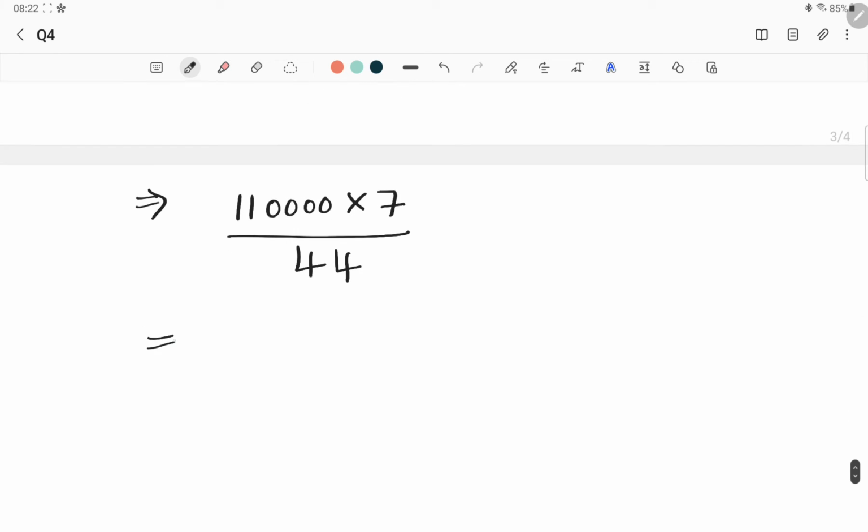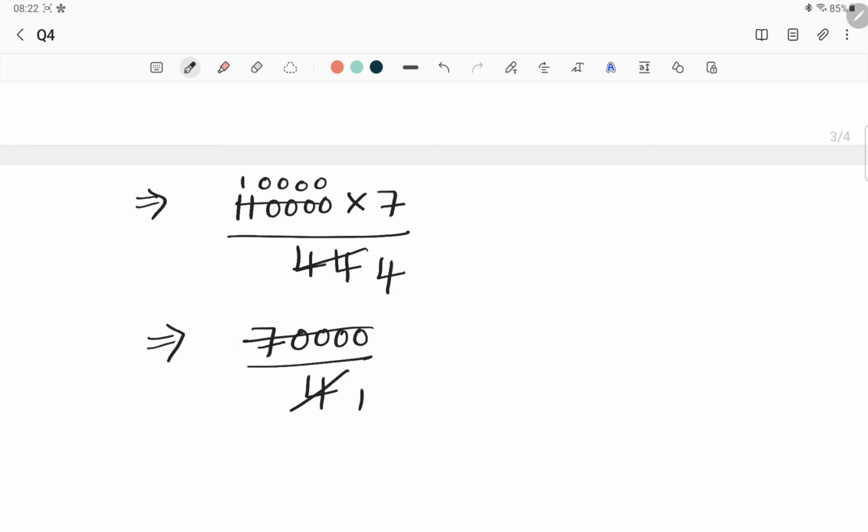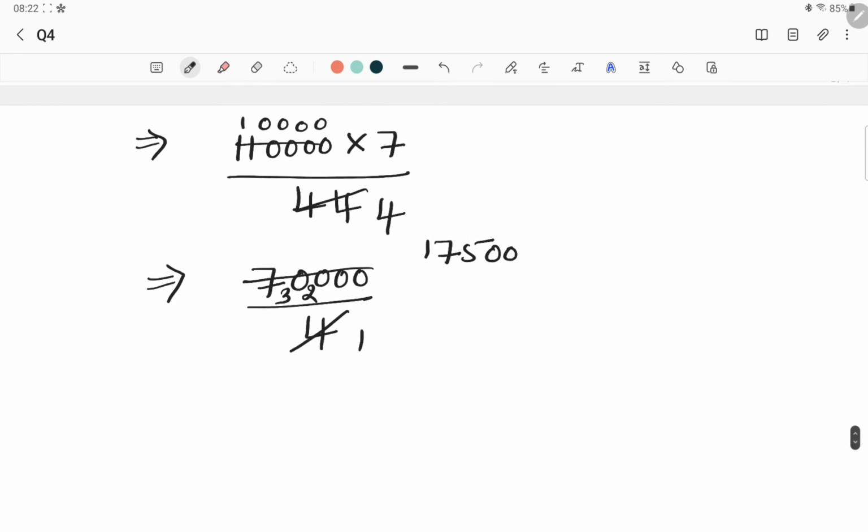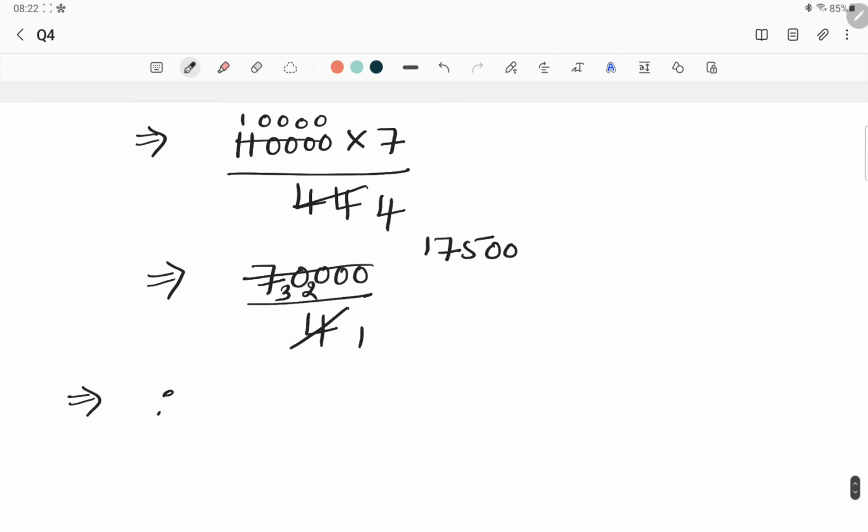Then 11 ones are 11, then 4 zeros, and 11 fours are 44. So it becomes 10,000 into 7, which is 70,000, divided by 4. So 4 ones are 4, 4 sevens are 28, 4 fives are 20, then 2 zeros. All right, 17,500, right?